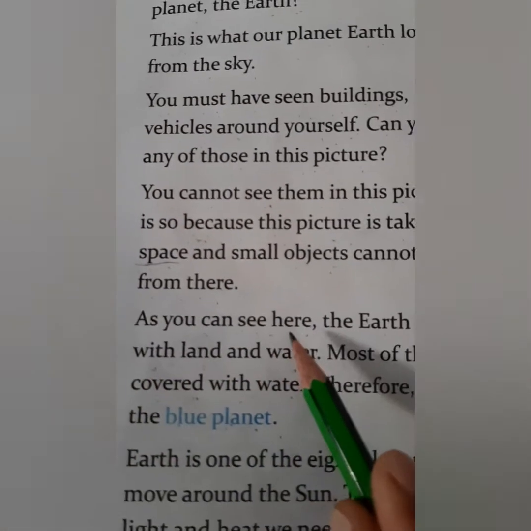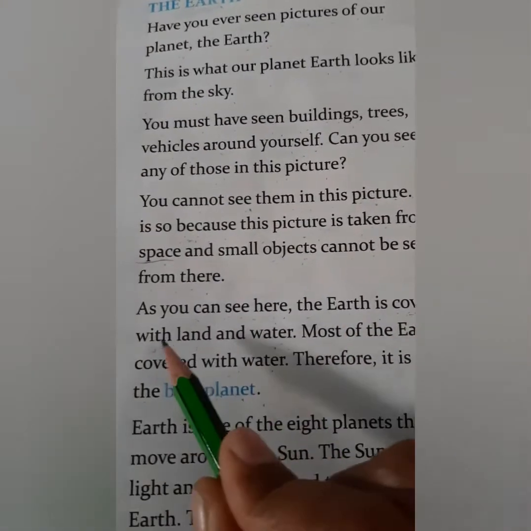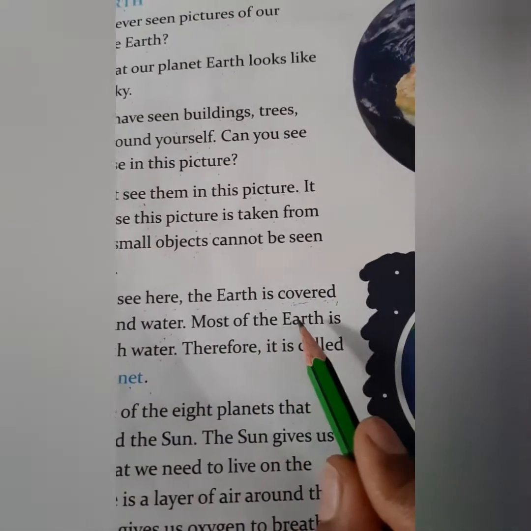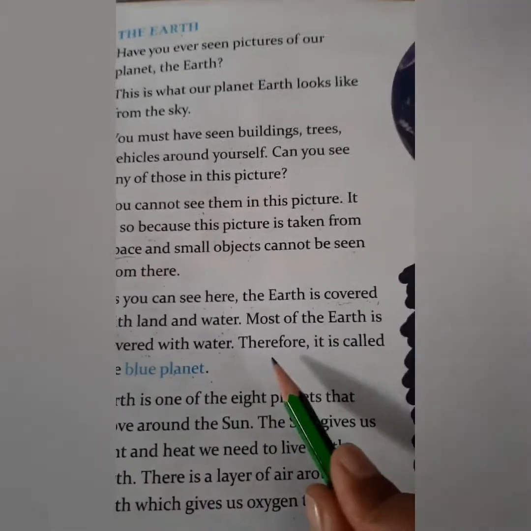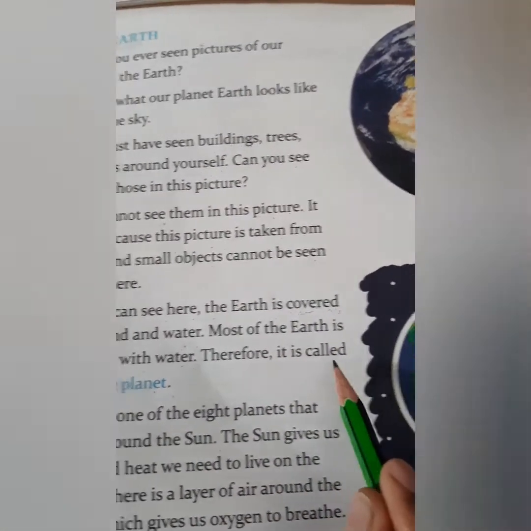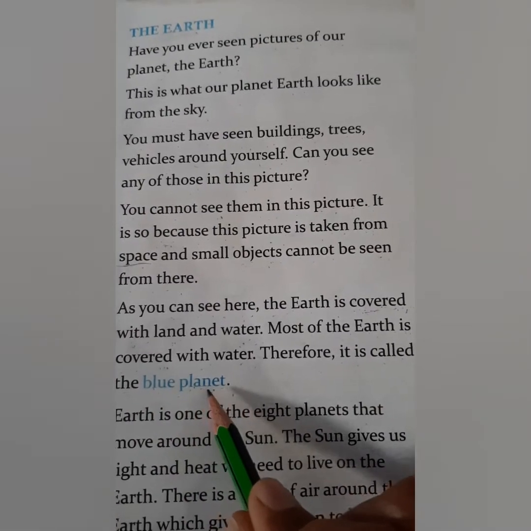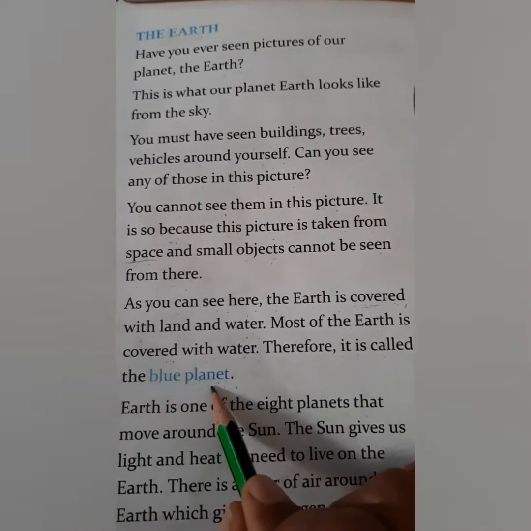As you can see here, the earth is covered with land and water. Most of the earth is covered with water. Therefore, it is called the blue planet.